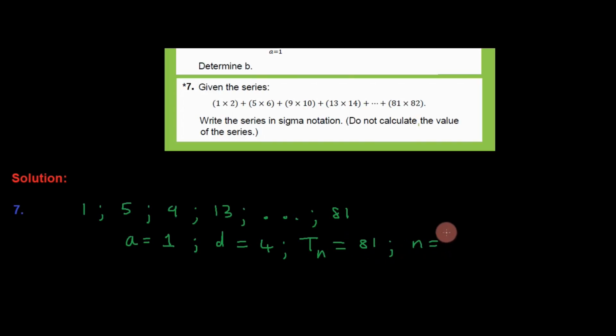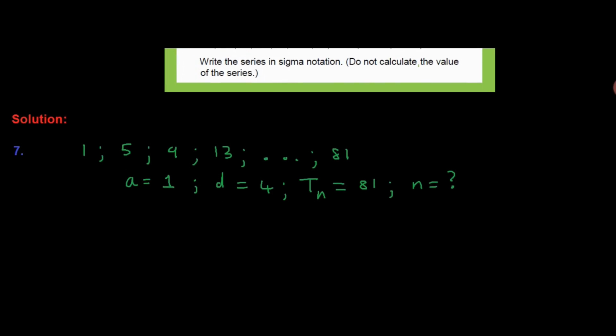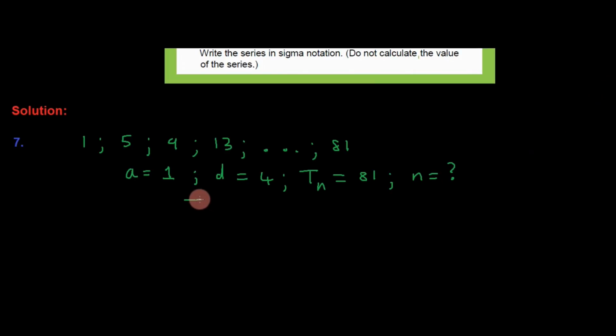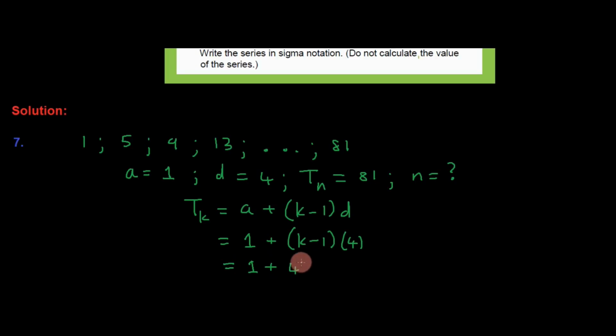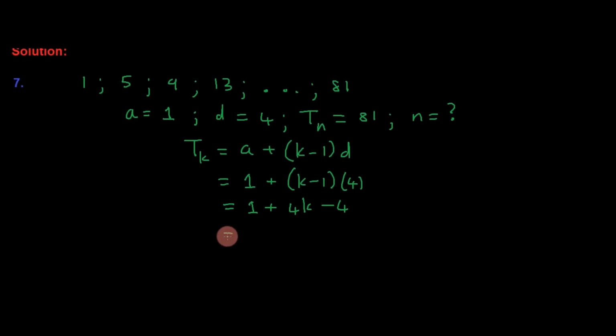And we don't know the number of terms. So we can use the formula T sub k equals A plus k minus 1 times D. And A is 1. D, of course, is 4. And we can simplify this. And we find the general term for the first set of factors is 4k minus 3.